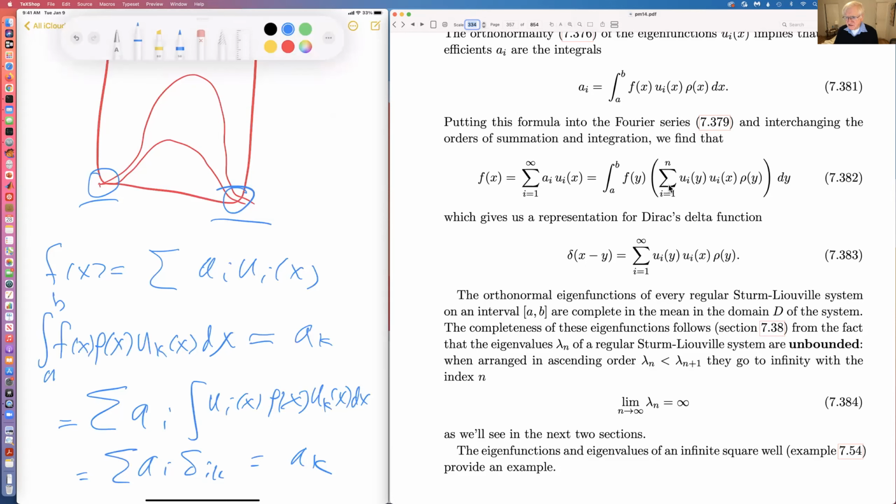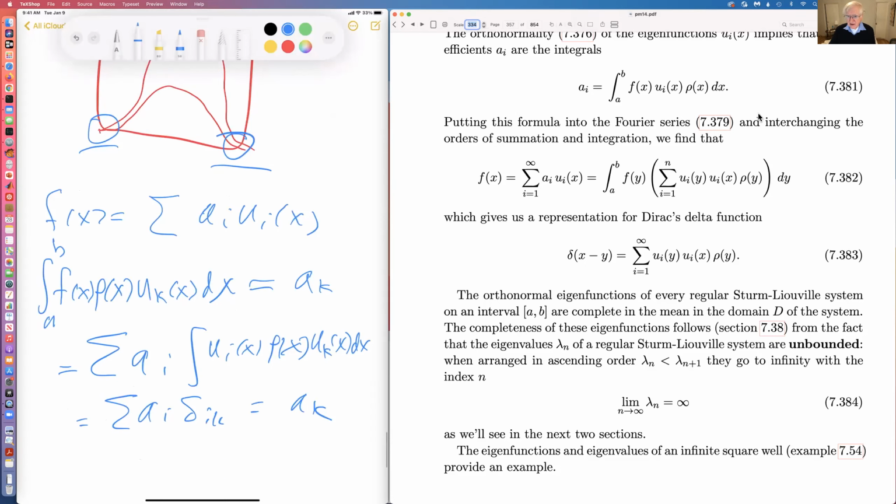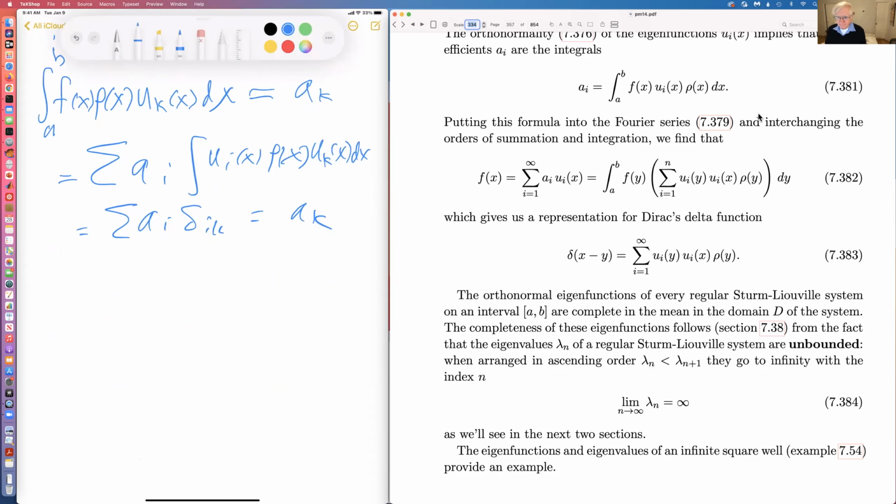So now we have this expression here, and maybe I should build that up again. We're saying that f of x is a sum of a_i u_i of x.